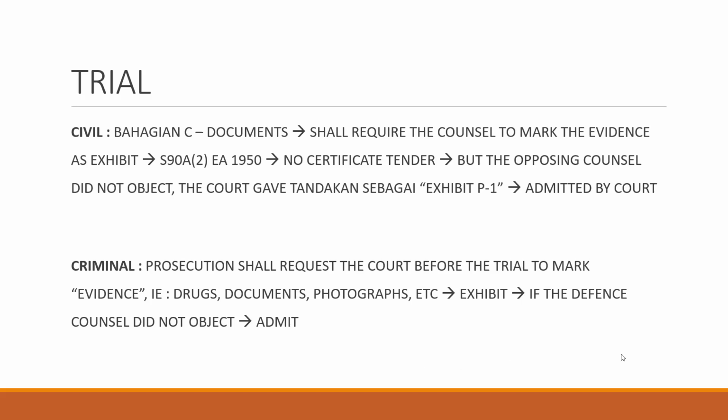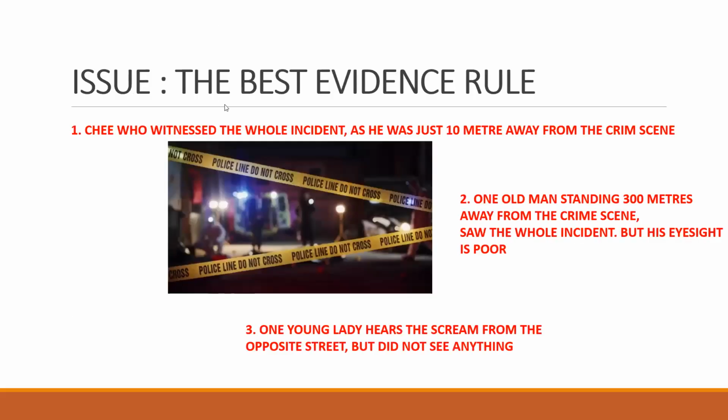So if the evidence is marked as exhibit and the defense counsel did not object, it will also be deemed to be admitted. So that's why during the trial you must stay alert.